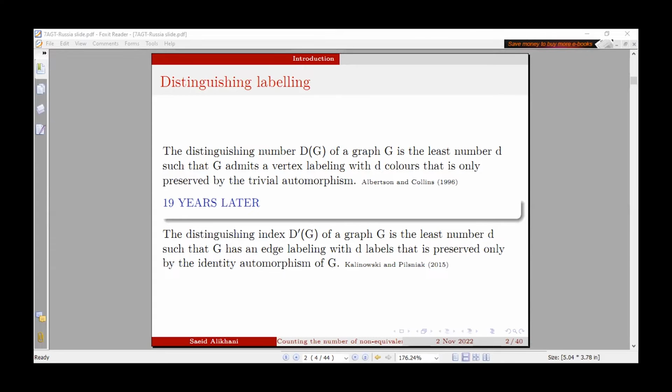You know that every automorphism of this graph maps an end vertex of this path to an end vertex. So by definition, we must color these two vertices differently.